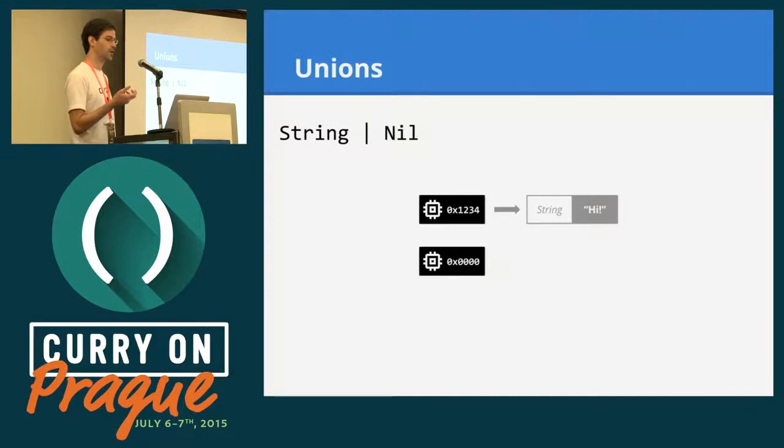If you have a reference type and nil, in some other languages references can be nil and this is not distinguished, but in Crystal they are different things. String and nil are different things, and we represent this as a single pointer. If it's the null pointer, then it will be nil, and if not, it will be a pointer pointing to the data. So again, it's pretty efficient.